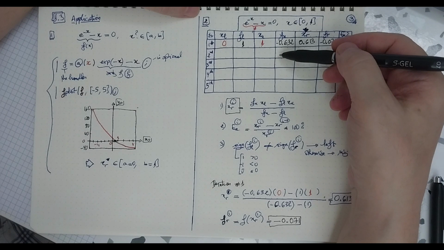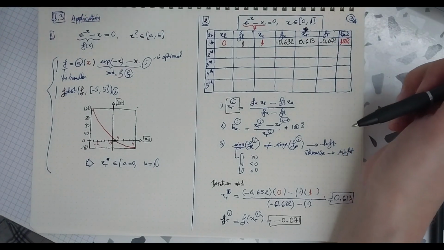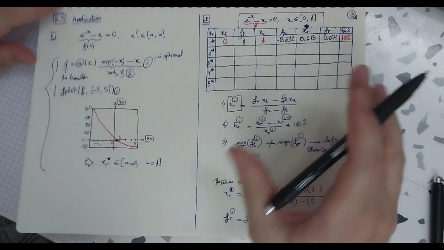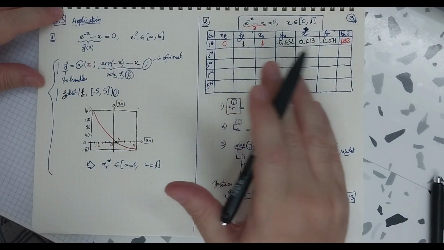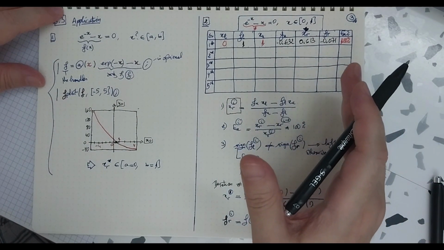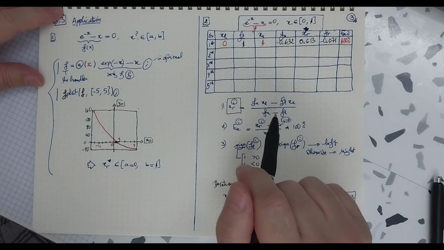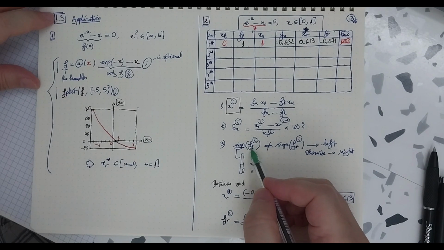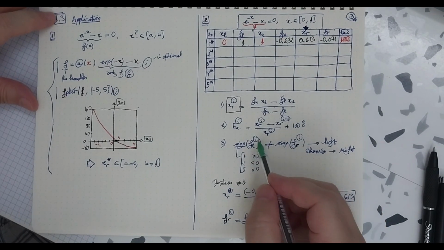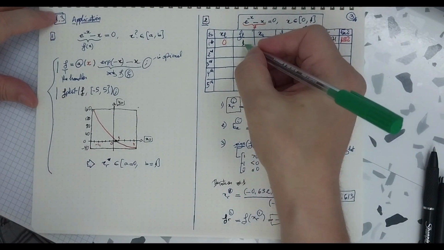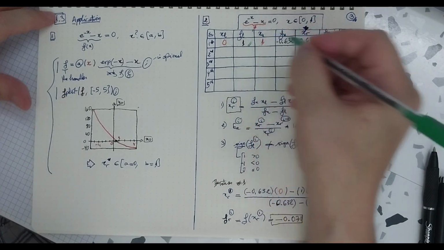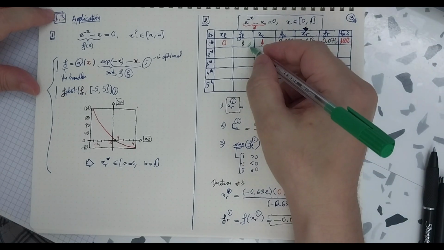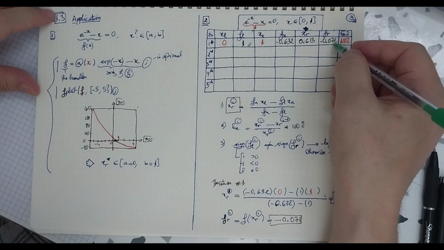Now let's move to the second iteration. For the second iteration, we need the rule of the signs to decide whether we have to go to the left or to the right of XR. For that reason, we check the sign of FL and FR of the current iteration. The signs of FL and FR are different. This is positive and this is negative.